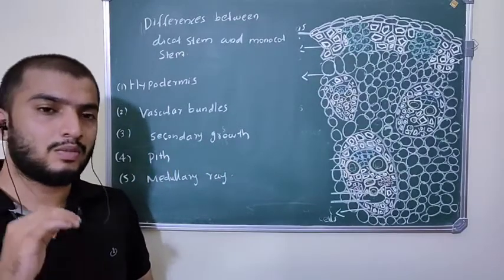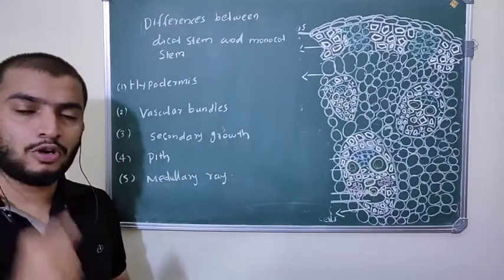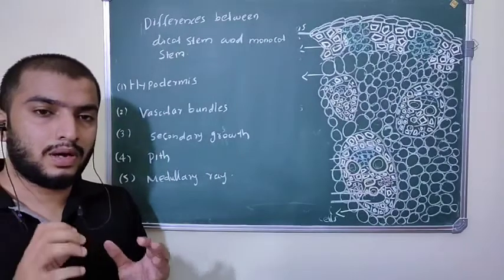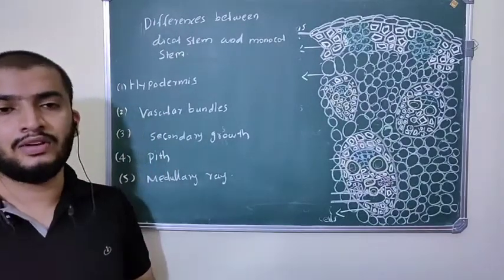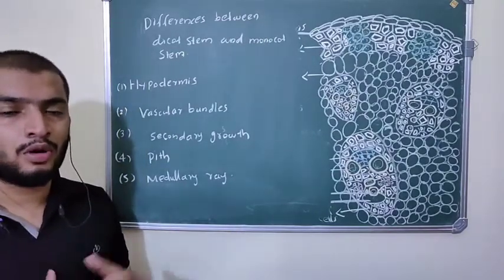Then in monocot stem, bundle sheath is present. The bundle sheath is made of sclerenchyma cells which surround xylem and phloem tissue.